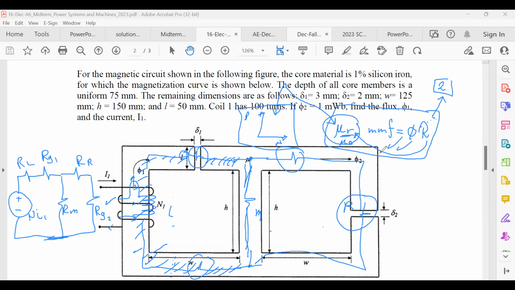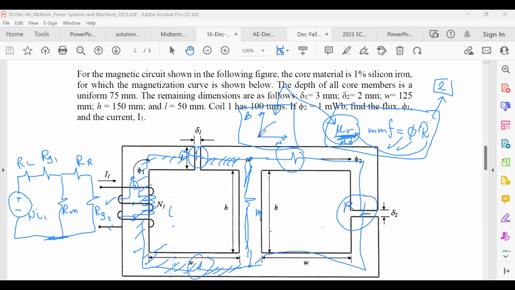By not common, I mean not the majority of the problems, but it may happen again. This is the reason I also solved problems of the textbook that have the mu R. So what if they provide the BH curve, similar to this problem?